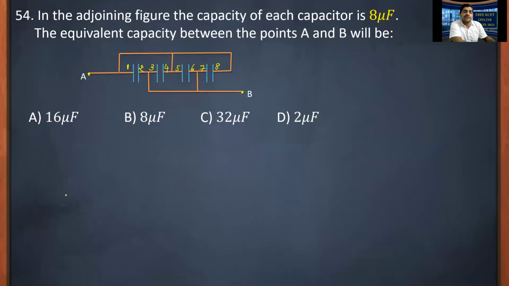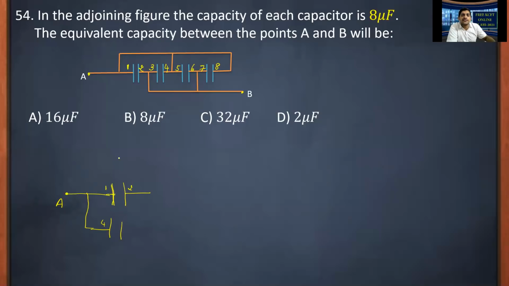Now let us see what is connected where. A is connected to which plate now? It is connected to plate number 1, so obviously the other plate must be 2. Now A again goes here and goes to the plate number 4. So A is connected to plate number 4. Also A is connected to plate number 5.